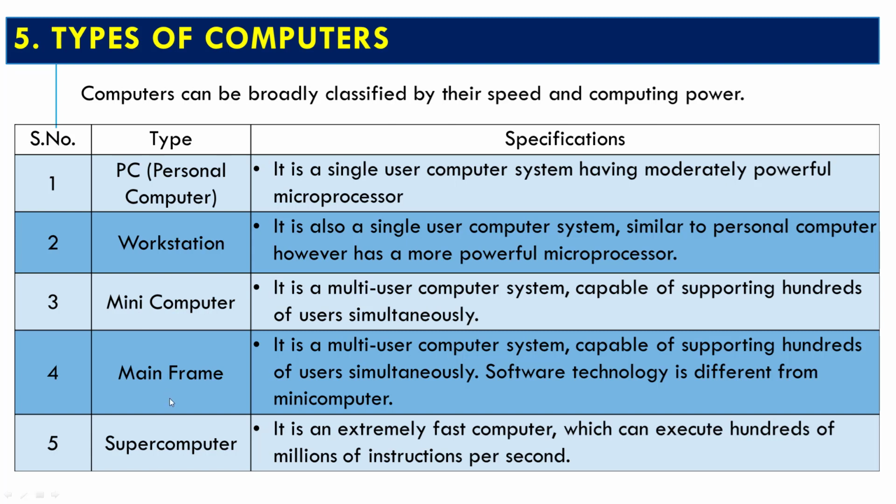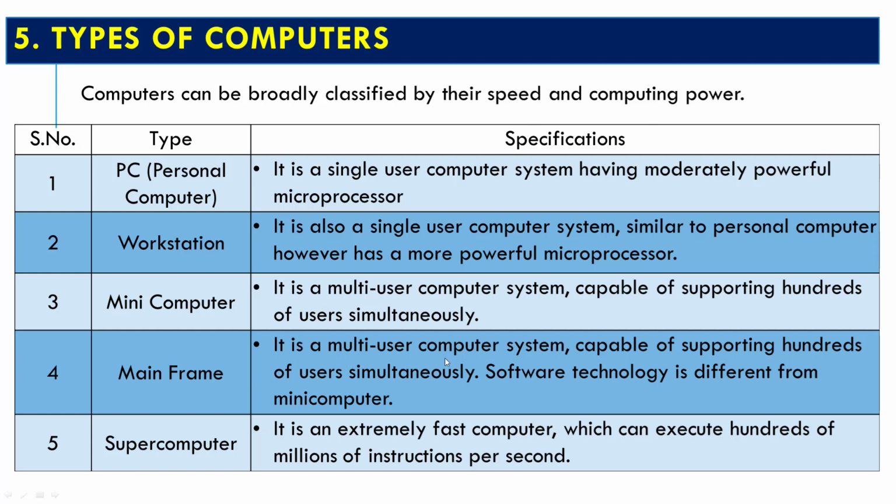Then mainframe computer. The characteristic of the mainframe is that it can handle a large volume of data. If you go for any banking applications or any websites like Facebook, WhatsApp, they are handling a huge volume of data. So whenever you want to handle a huge volume of data, the suitable computer is a mainframe.